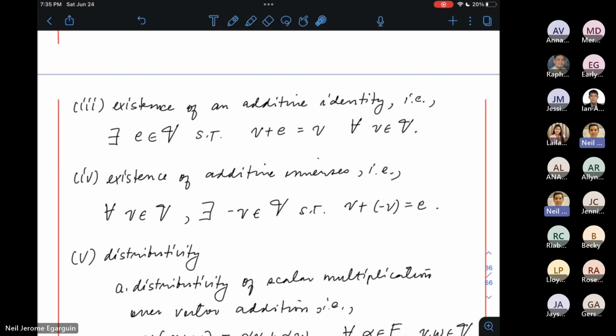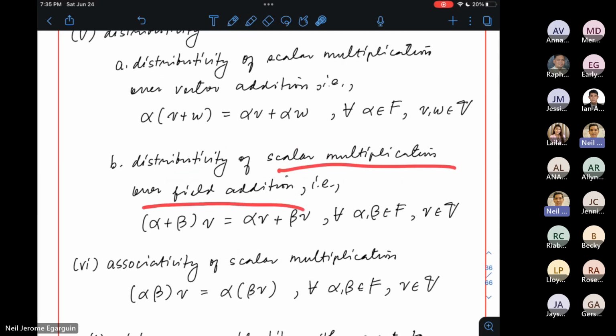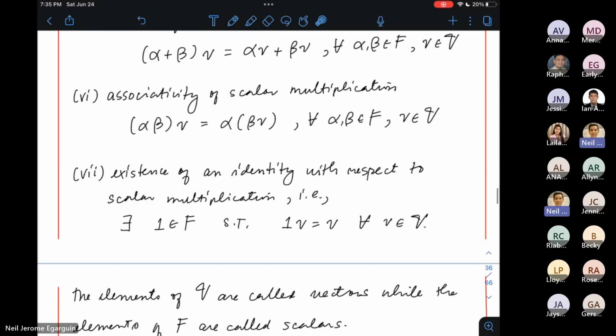or the identity vector. Then you have the distributive laws: distributivity of scalar multiplication over vector addition, and distributivity of scalar multiplication over field addition. Scalar multiplication must be associative, and there must be an identity with respect to scalar multiplication.